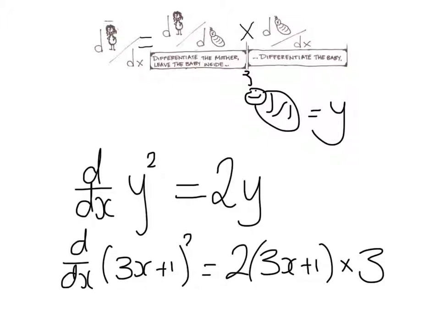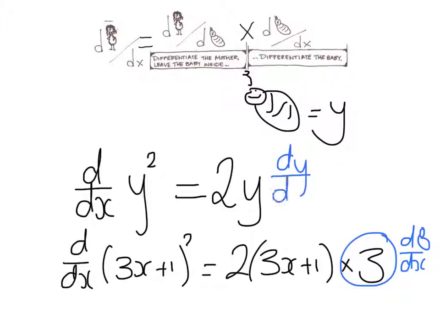But this here is the derivative with respect to x of the baby. And in our case, the baby is y. So what we're going to put on the end here, what we're going to multiply by, is dy by dx, which is just the derivative of the baby, y, with respect to x.